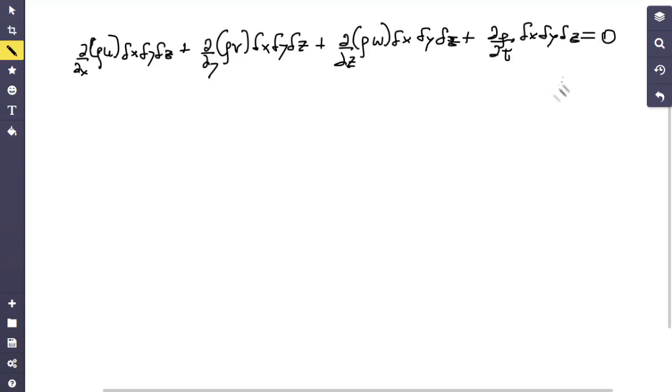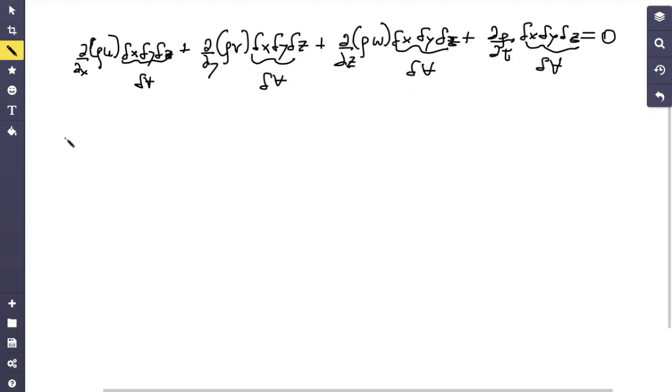Okay, if we are not dealing with sources of mass. Of course, all this simplifies to the infinitesimal volume here and here, which we can divide out of this equation by this infinitesimal volume, considering that it's not 0, although it's very close to 0.